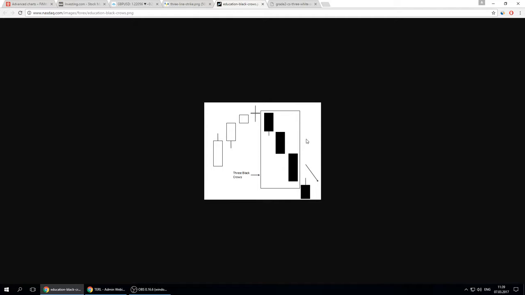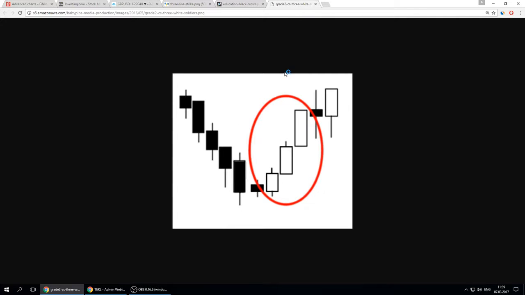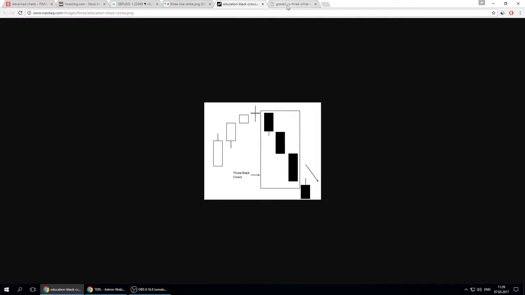So it should be taken into consideration only on the top of the uptrend. The opposite with the 3 white soldiers: they should be taken into consideration when they appear on the bottom of the downtrend, and they can show us that the situation on the market has changed, and now the bulls dominate here. So basically pay attention. These are pretty interesting patterns of the market.